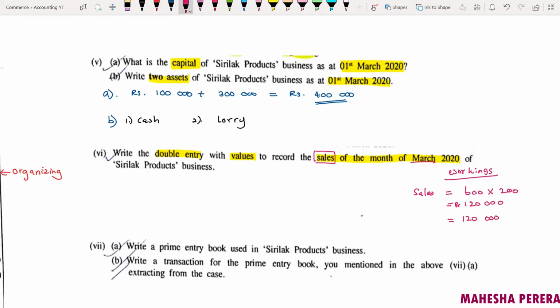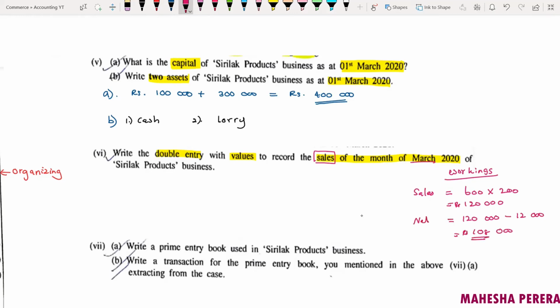What's the value of 10% of 120,000? It's 12,000. So when you deduct 12,000 from 120,000, you get 108,000. So this is our net sales.